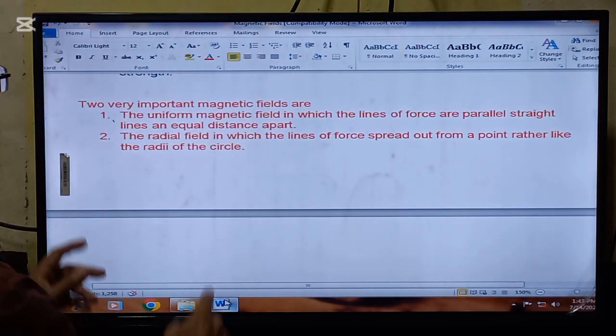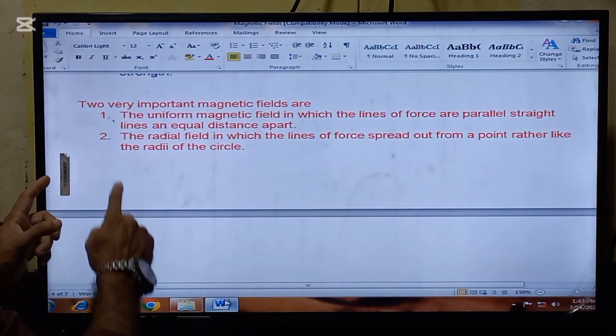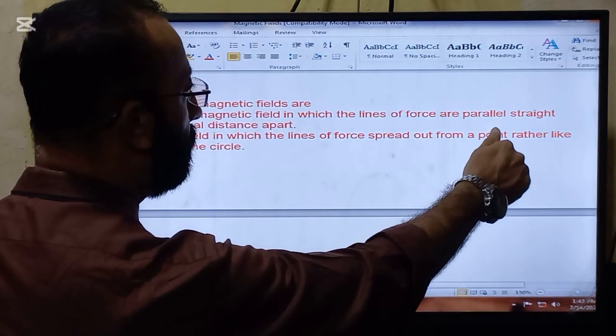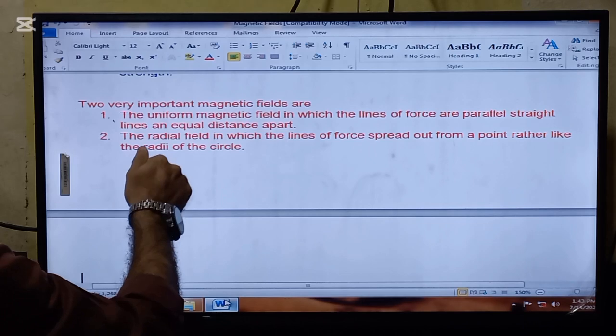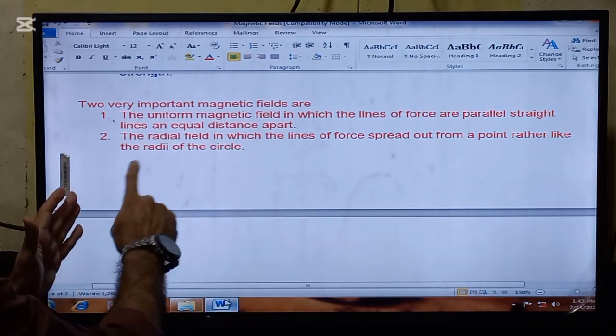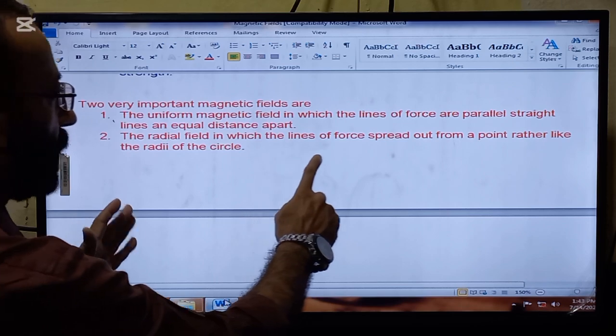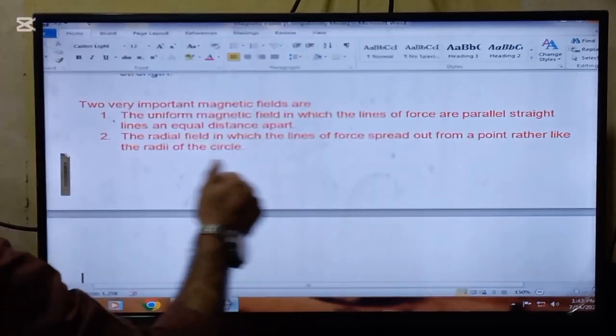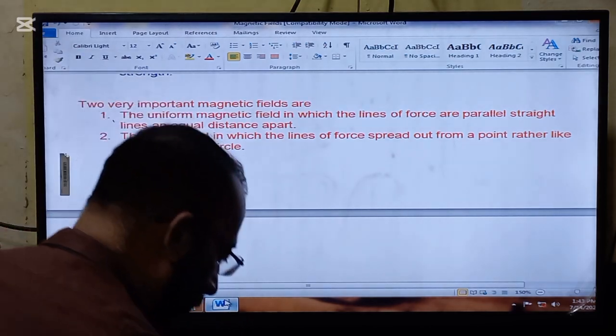Two very important magnetic fields are: number one, the uniform magnetic field, in which the lines of force are parallel, straight lines, and equal distance apart. And number two, the radial field, in which the lines of force spread out from a point rather like the radii of a circle.